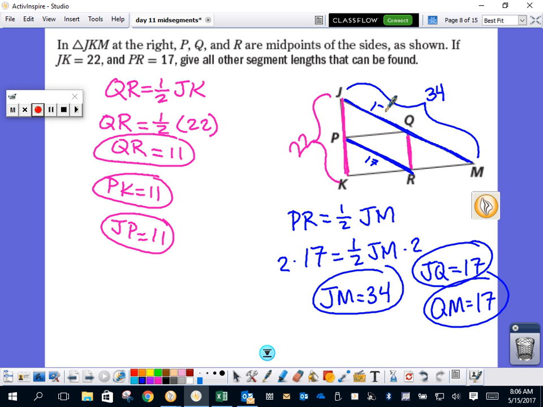So if you need to put these little 17s, if you need to put these little 11s, now, can we find anything else right now? Yeah, can't find anything else. Okay? So take about 30 seconds, make sure you're happy with your notes.